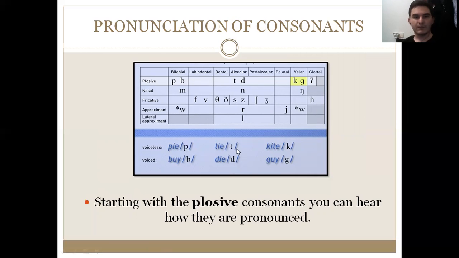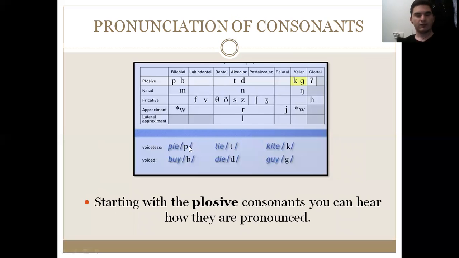So you would say p as in pie or b as in buy. Before we begin with all of those, I should remind you that in this chart, every symbol on the left side is voiceless, and every symbol on the right side is voiced. So bear that in mind.